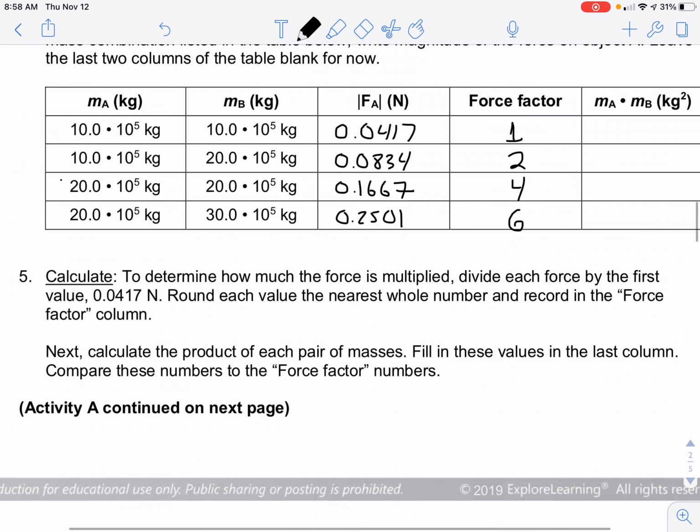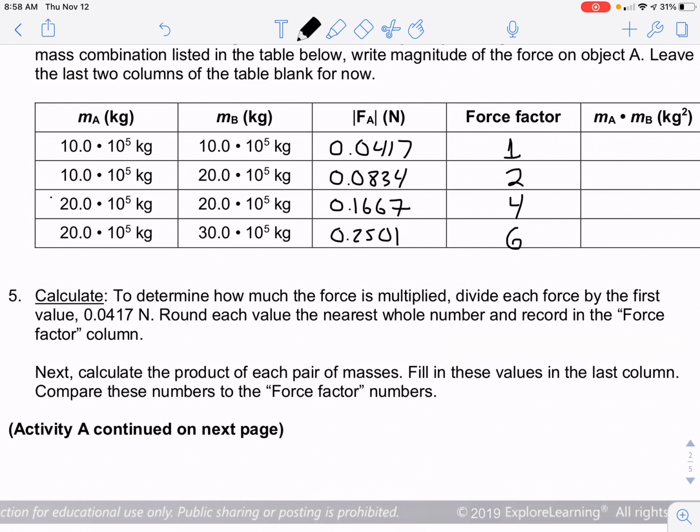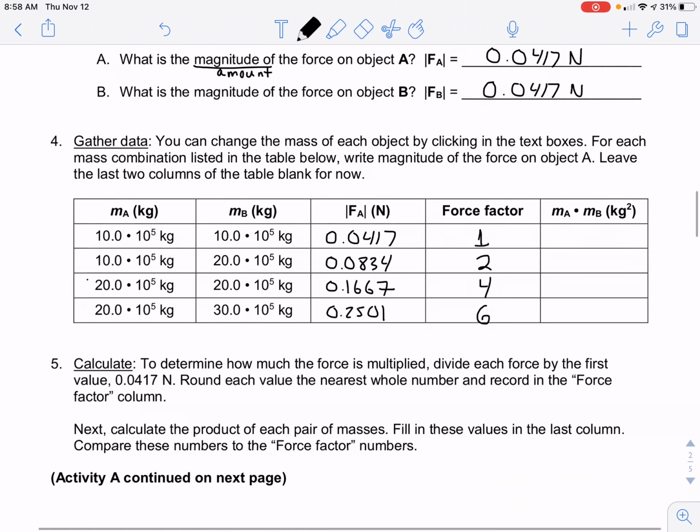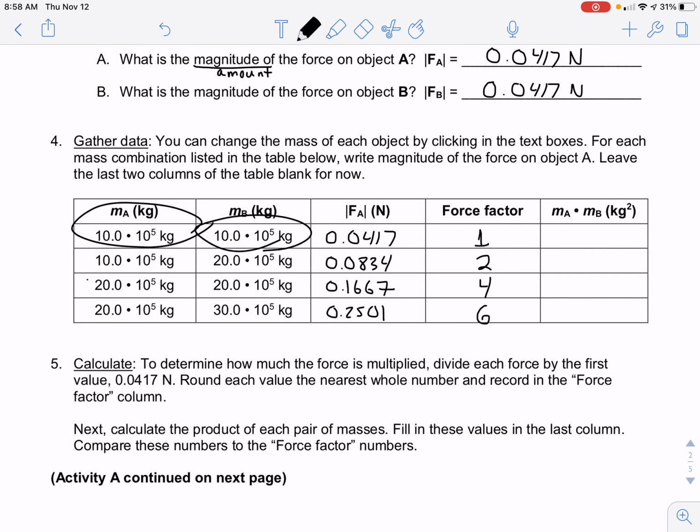Now, to complete the last column, here's what we're going to do. We're going to essentially multiply this mass times this mass. Now, when we do that, 10 times 10 is 100.